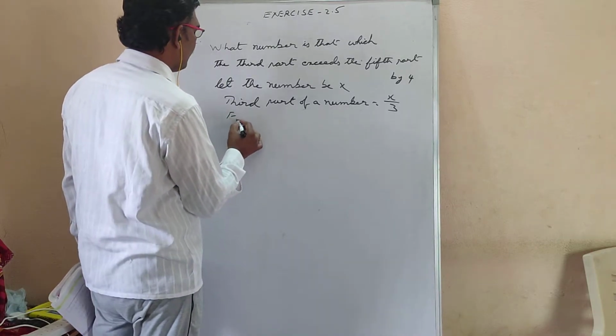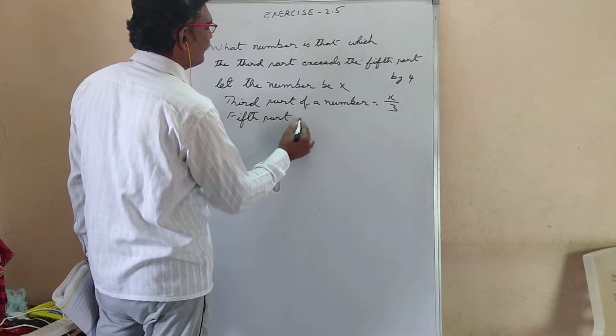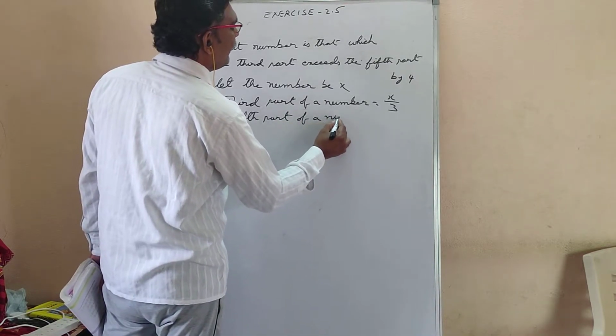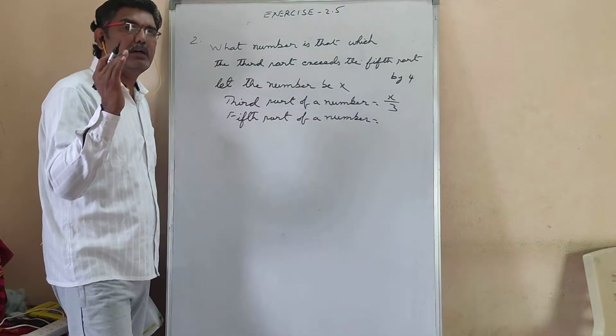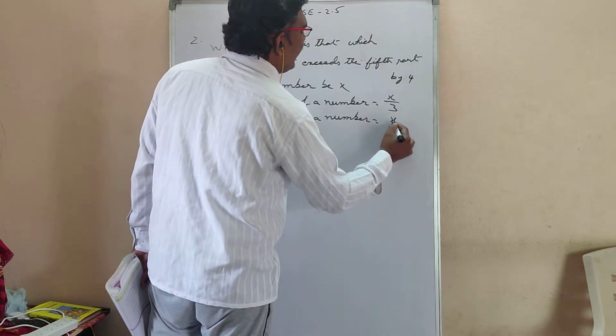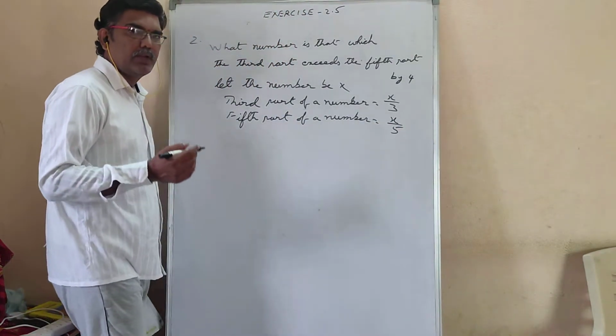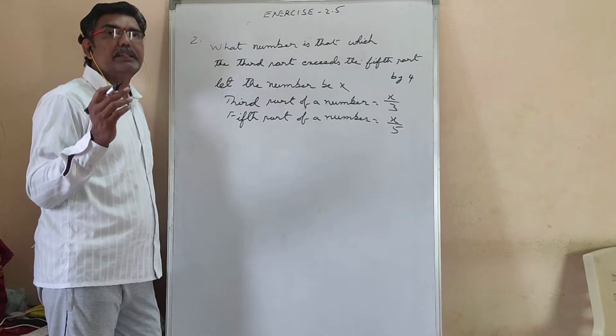Fifth part of a number means that number should be divided into 5 equal parts. So, x by 5. Fifth part means x by 5, third part means x by 3.